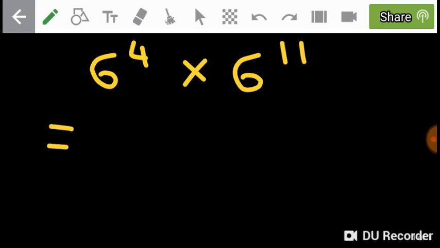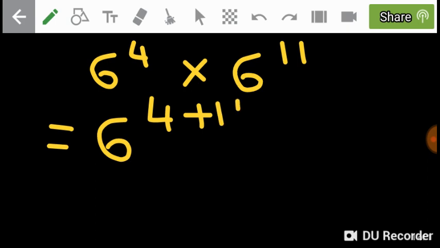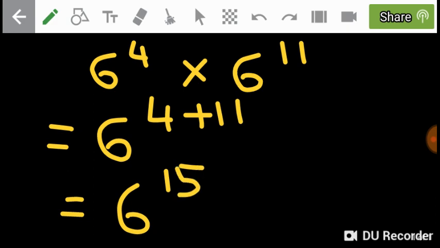No matter what the number of exponent is, it may be 100, 120, 1 million, doesn't matter. If they're in the form of multiplication, the exponent will always get added. So 4 plus 11 means 15. So this is the answer.